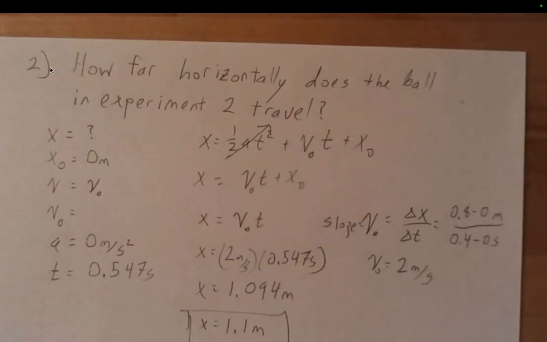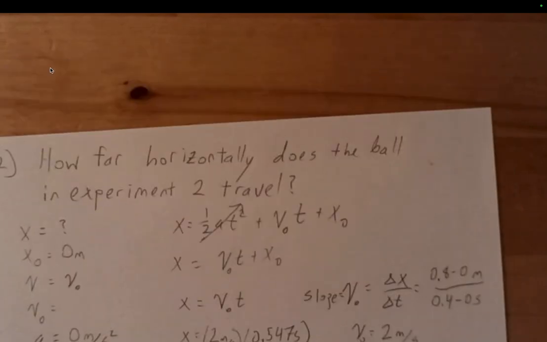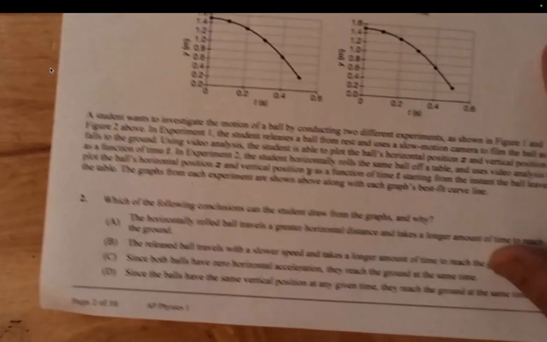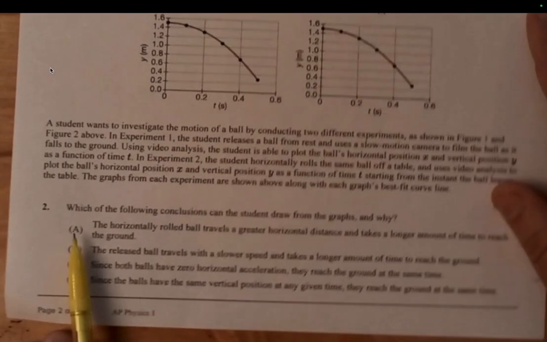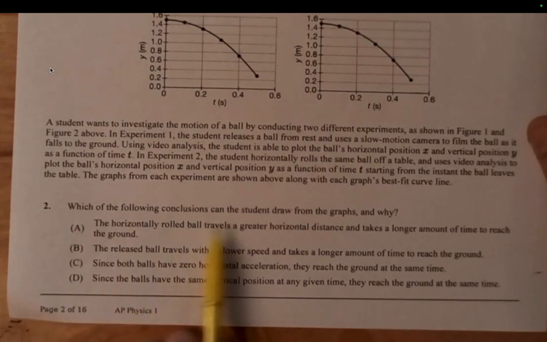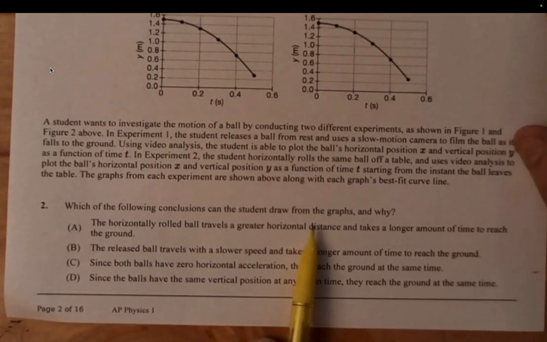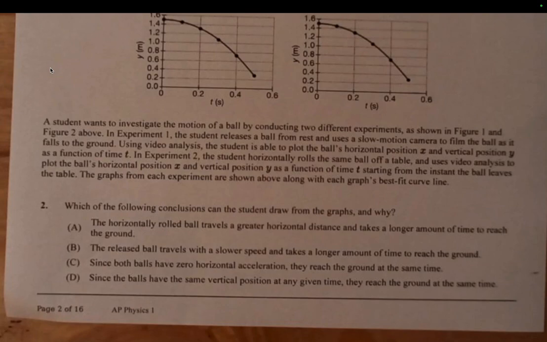But let's say, for example, that we're given this as a multiple choice question, and it asks us here, which of the following conclusions can the student draw from these graphs? Well, we know a lot about this.